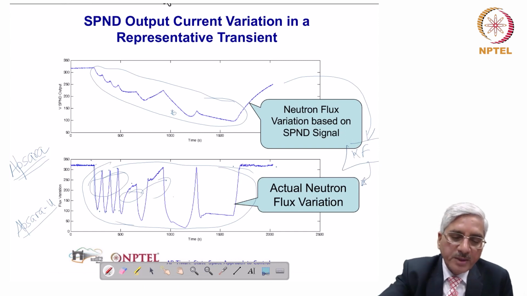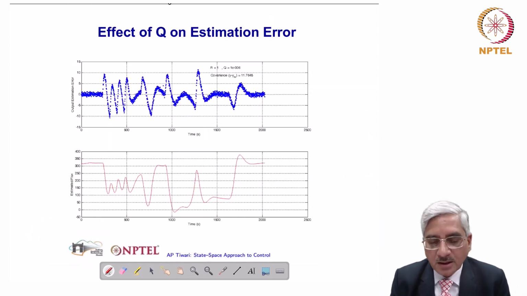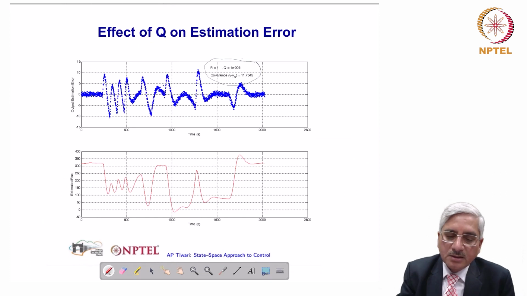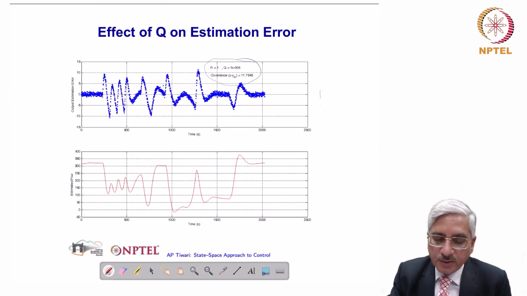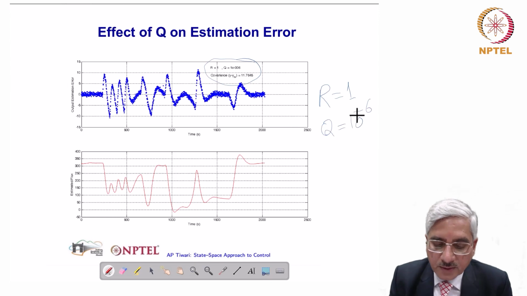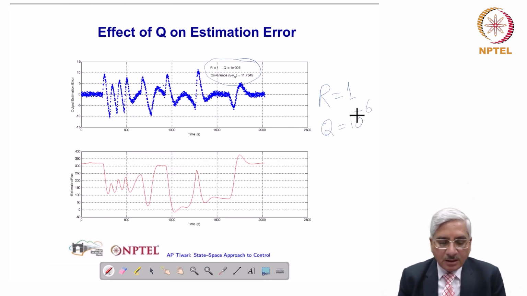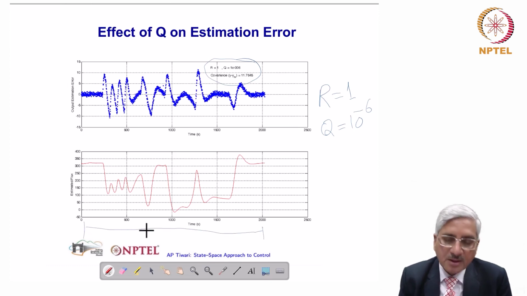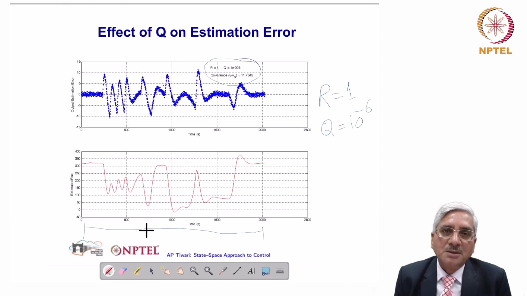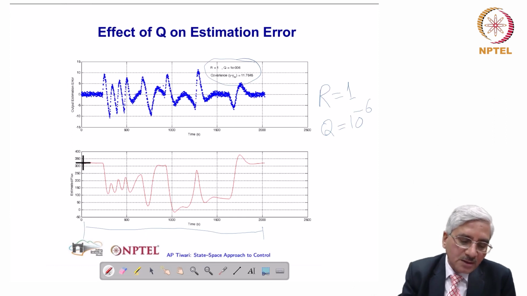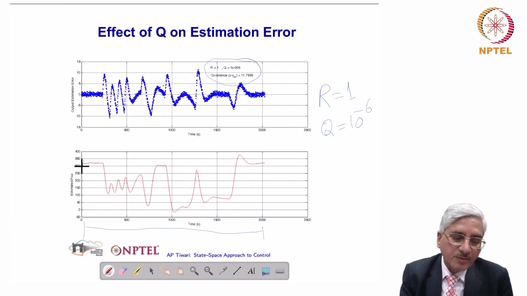When we implemented those equations and selected these values, if it is not readable, let me write it for you: R was selected as 1, and Q is selected as 1 times 10 to the power minus 6. The Kalman filter algorithm is run offline over this time. Of course it is first allowed to run several times before t equal to 0.